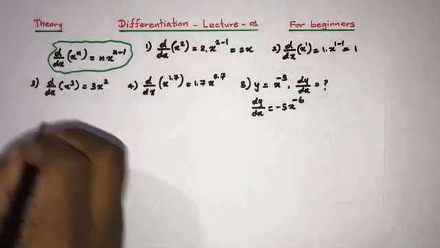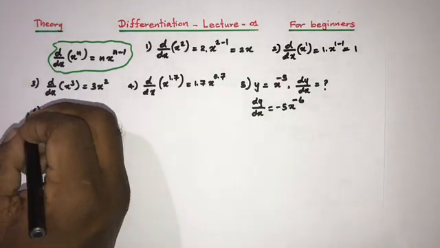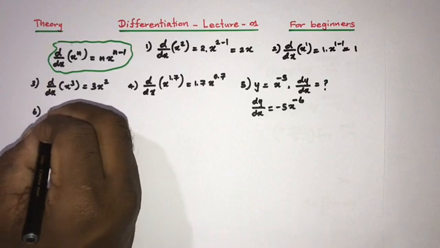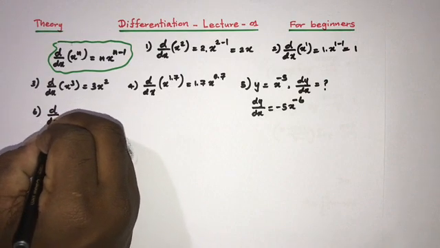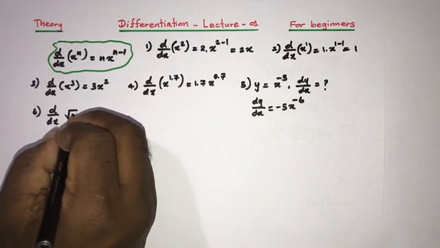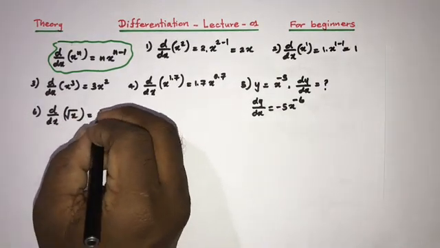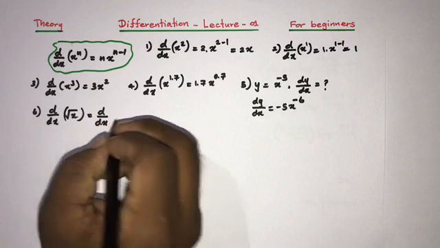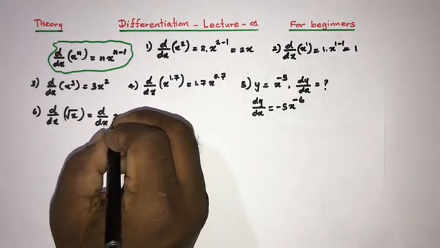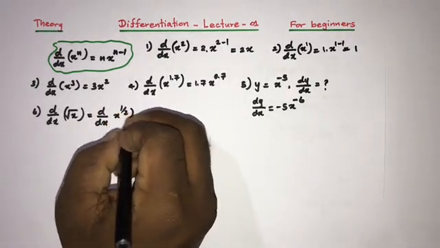Next example, example number 6, the derivative of the square root of x. Now we can write the square root of x as x to the 1/2.